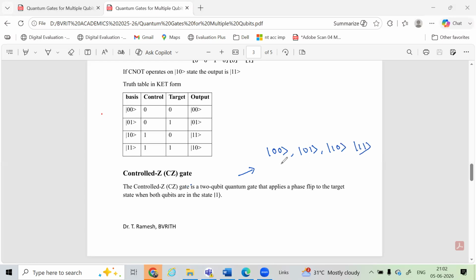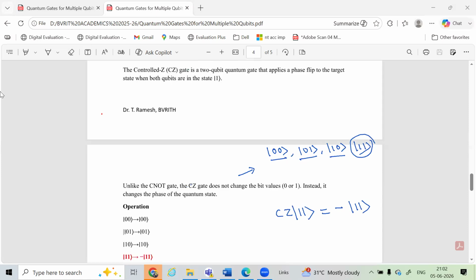See here, these are not changing by applying the CZ gate, but when you apply the CZ gate to the 1 1 state, it makes it minus 1 1. Whenever we require only the flip of the 1 1 state without altering anything else, we use the CZ gate.